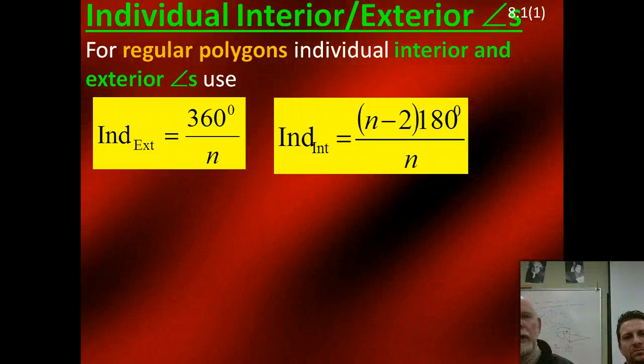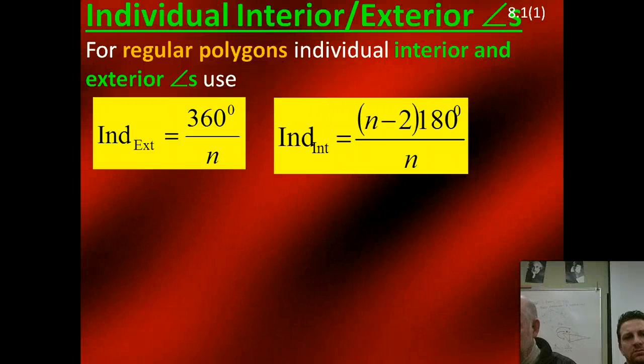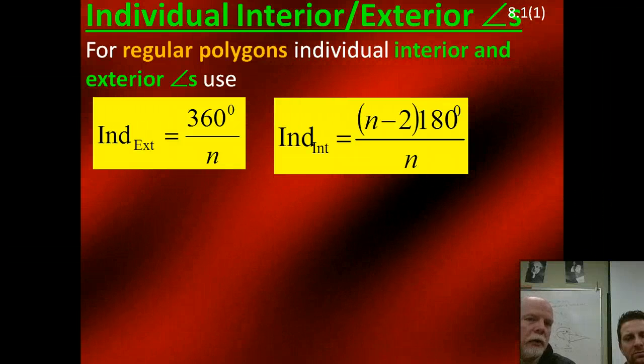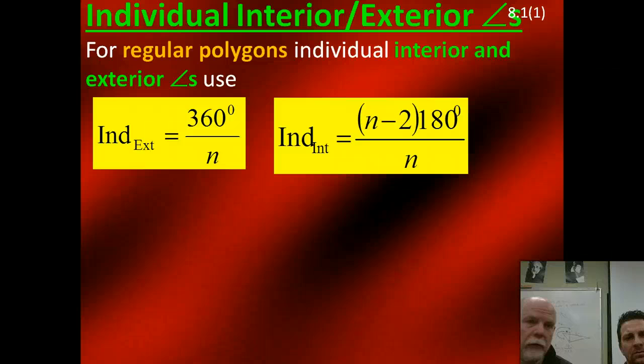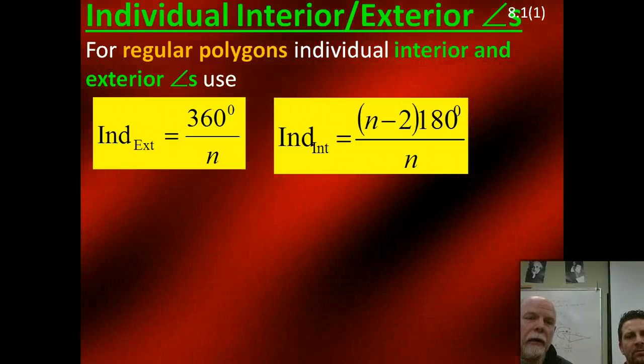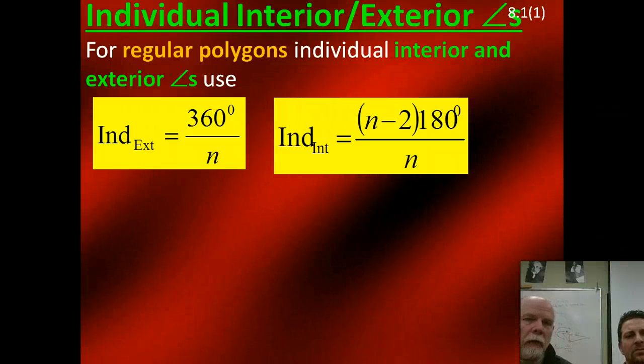And so we can look at the different formulas that we had here specifically for a regular polygon. So if it's an individual angle on the outside of a regular polygon, they're all going to measure the same. So like if it was a regular dodecagon, where we were just talking about that if it had 12 angles to it, every angle on the outside, if it was regular, all of them would be congruent to each other.